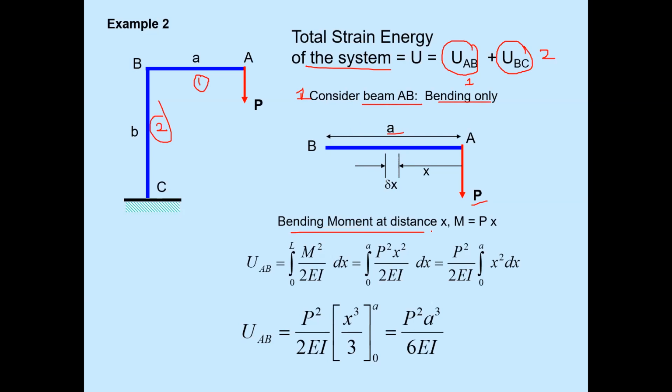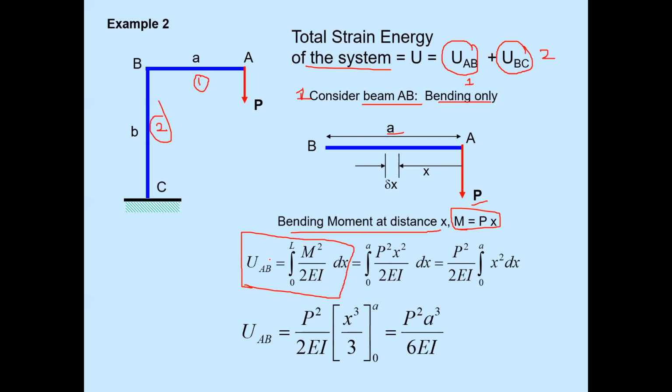So the bending moment at a distance x will be M equal to force into distance, the moment will be force P into distance x. Now we have our own equation, M square upon 2EI dx. This equation will be the same for any kind of structure, for the bending case only.